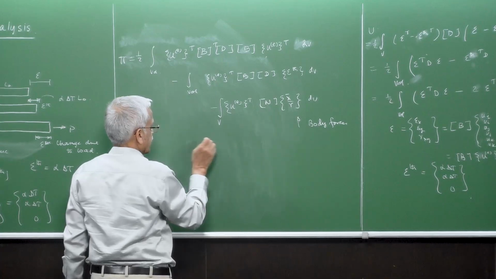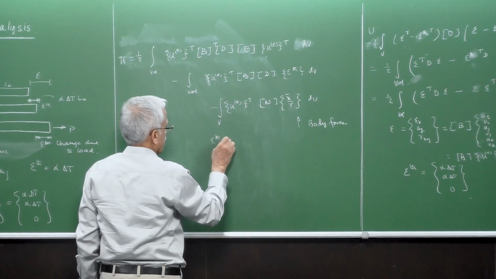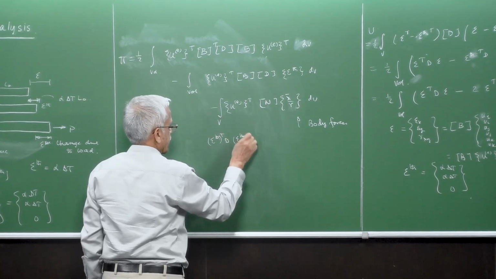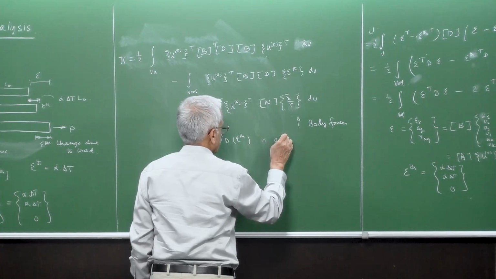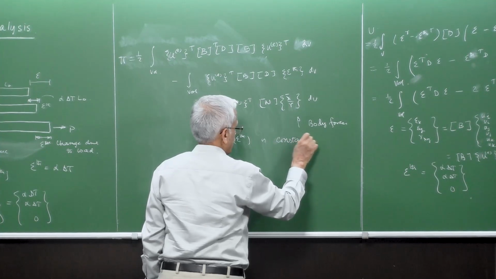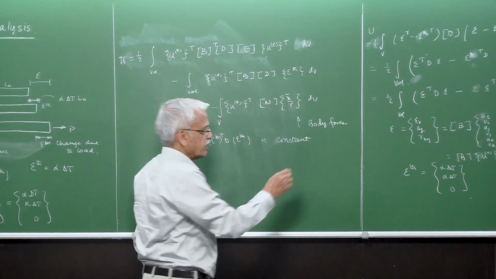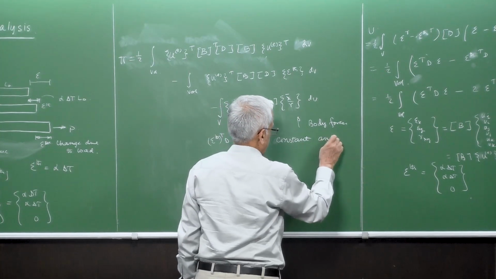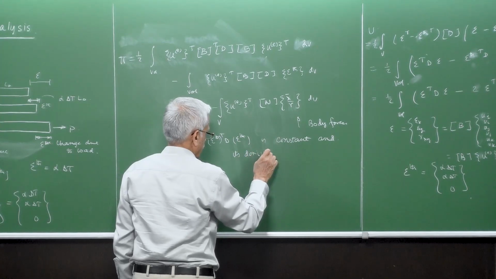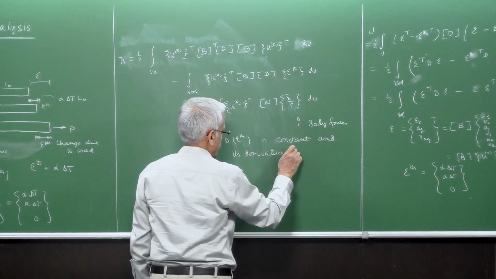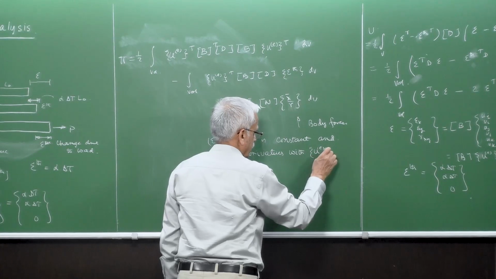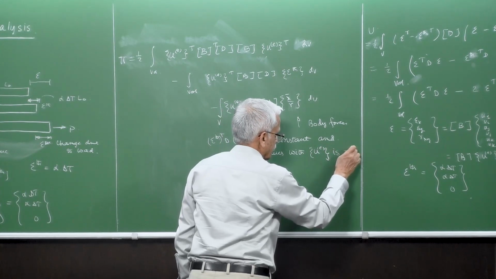And here I write that epsilon thermal times epsilon thermal is constant and will not have any derivatives. And its derivatives with displacements UE is 0.